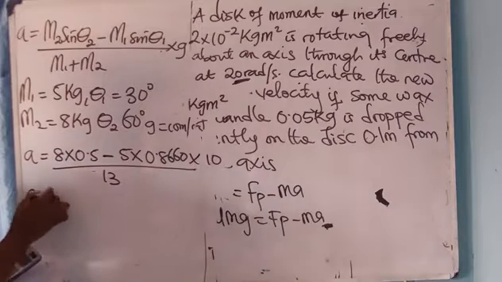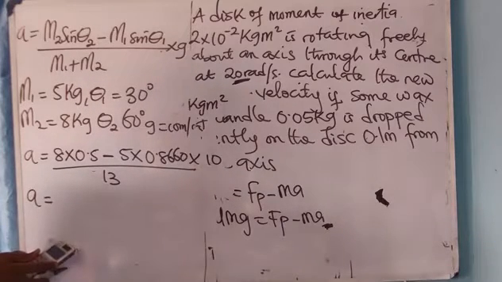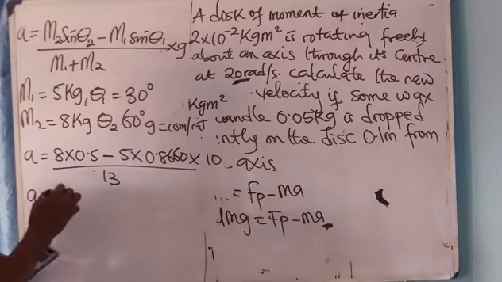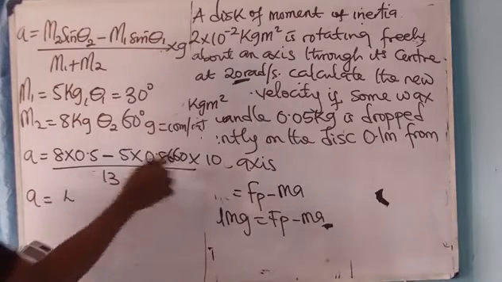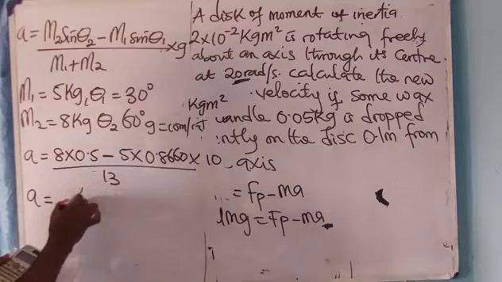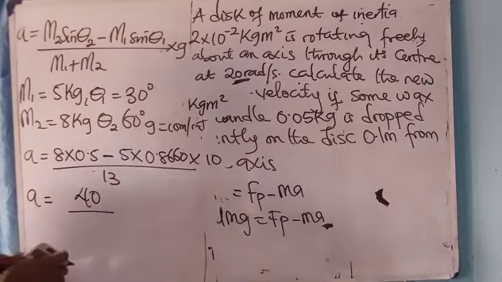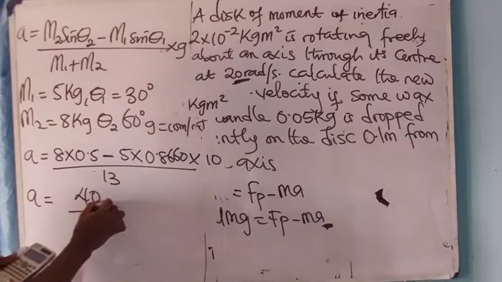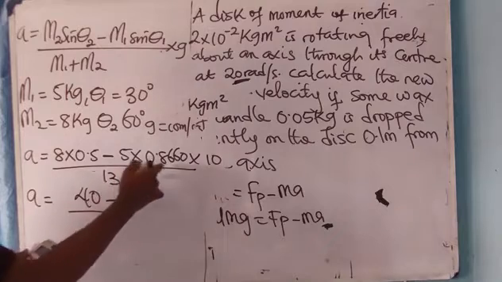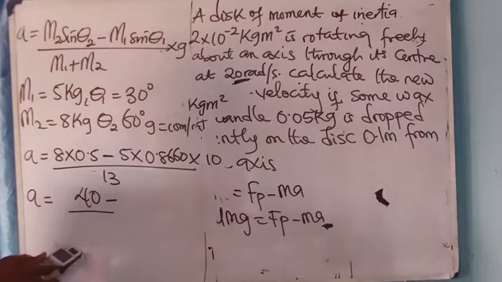So acceleration is equal to 0.5 times 8 equals 4. 4 times 10, you have 40 over, that's minus 5 times 0.8660.